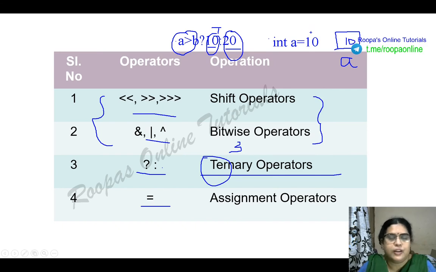Whatever is on your right hand side is being stored onto the left hand side. It is not like maths, where A is equal to 10 means the value of A becomes 10. Here, these are variables. They are named memory locations. So the assignment operator is used for this purpose.